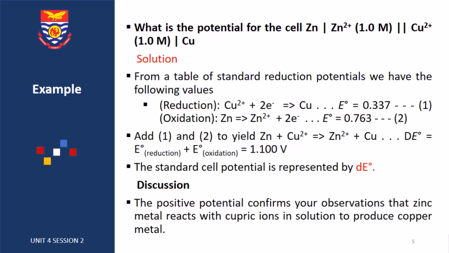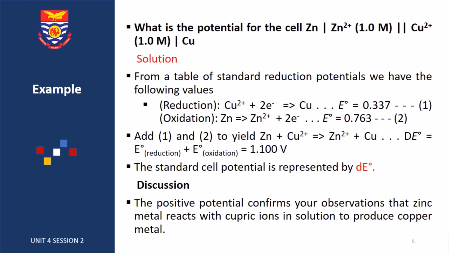In our previous session, I gave you the table, and you can also make reference to books for these values. Copper is undergoing reduction and the zinc is undergoing oxidation. All you have to do is to add 1 and 2 to yield this. So the reduction plus oxidation will give us 1.0 V.